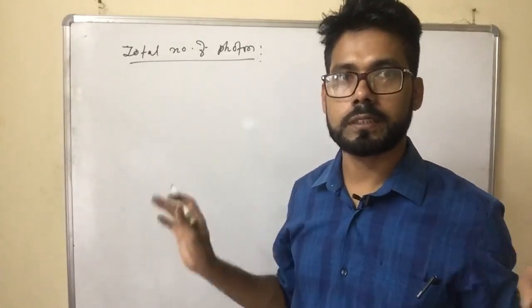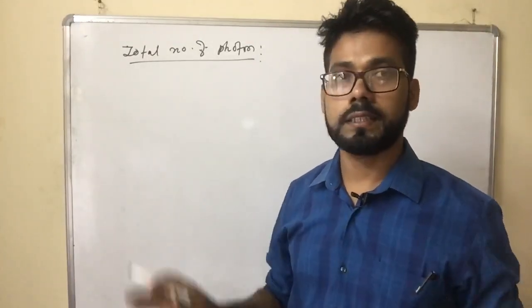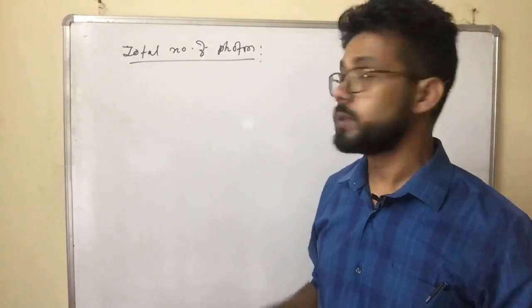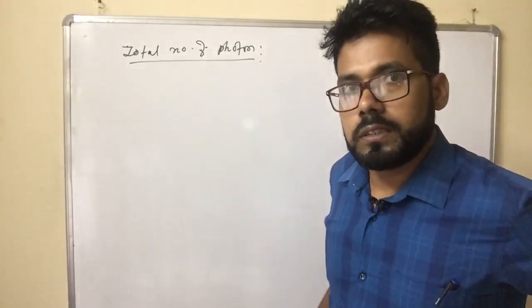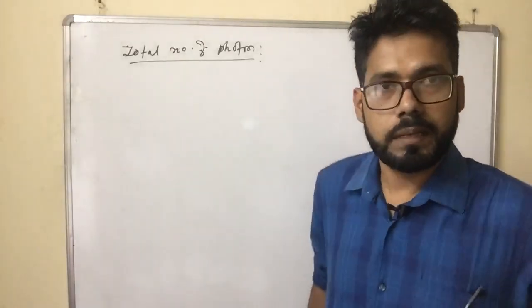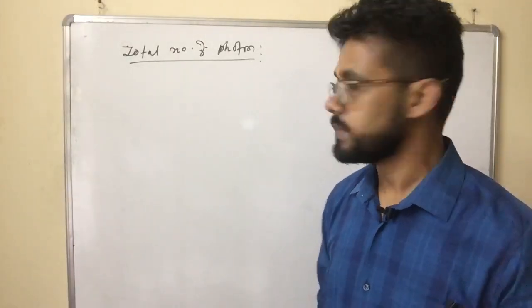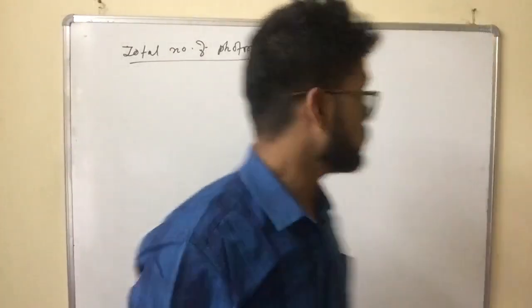The average number of phonons is the same. The average energy spectral density is the same. Everything is the same. So it is very essential to calculate the total number of photons coming out from the blackbody radiation cavity. So how can you calculate the total number of photons?